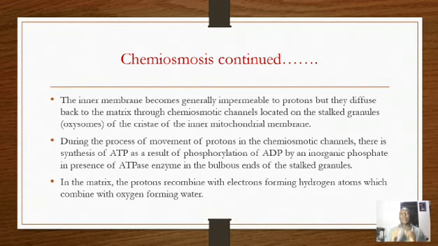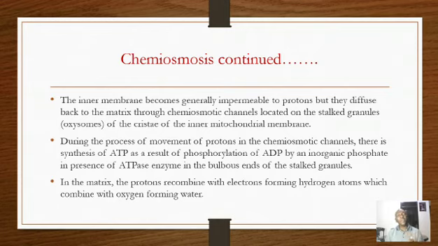Now, in the process of movement across the chemiosmotic channels, there is synthesis of ATP. Remember, how is the ATP formed? ADP, adenosine diphosphate, combines with an inorganic phosphate. In other words, ADP is phosphorylated.